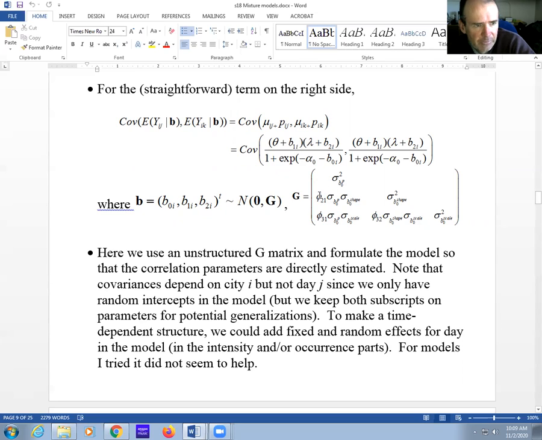So for example, phi 2,1 would be the correlation between that random intercept and the random addition to the shape term. It allows us to easily get things that we want to interpret for our model.